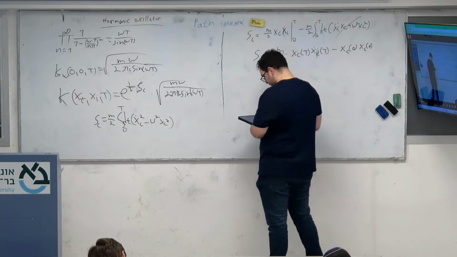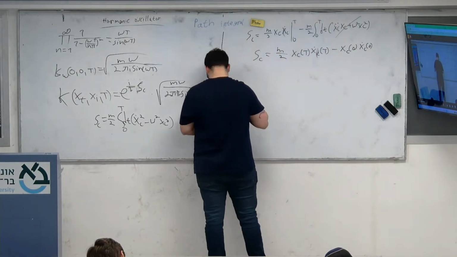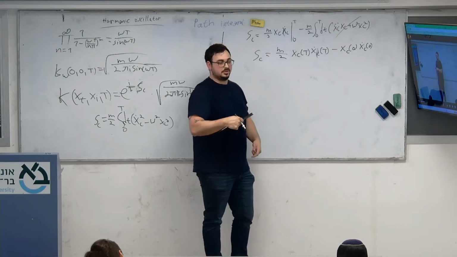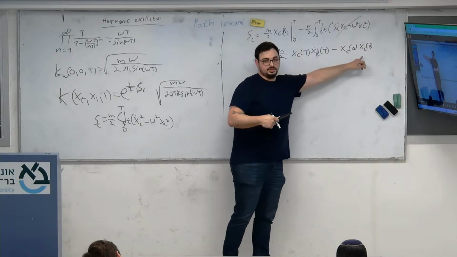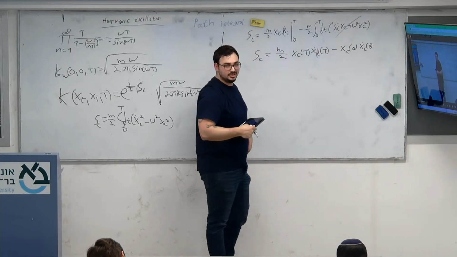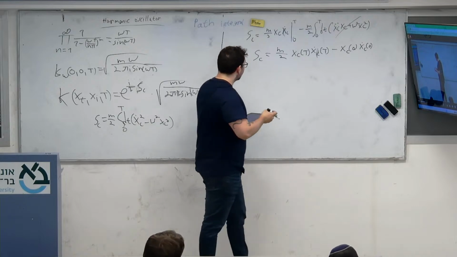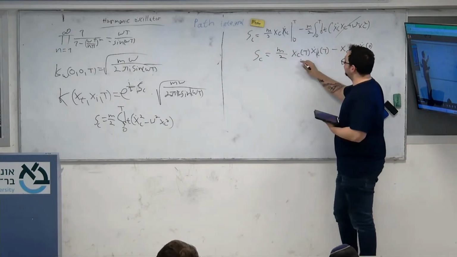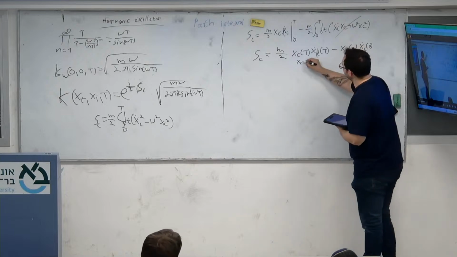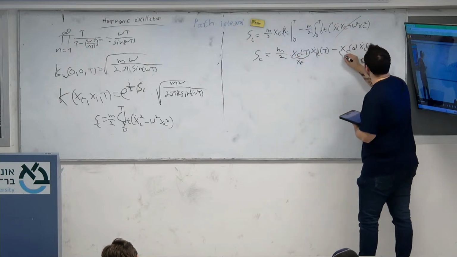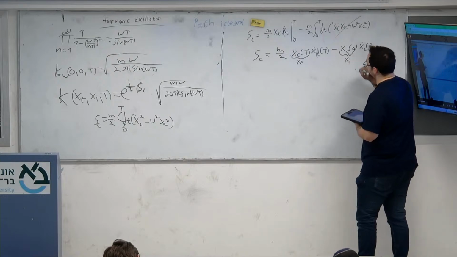All right. Okay, I lied a little bit. We kind of need the equation of motion for the dot product, for the dots. xc of t is just xf. This one will be xi.